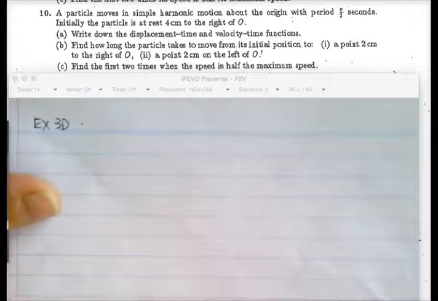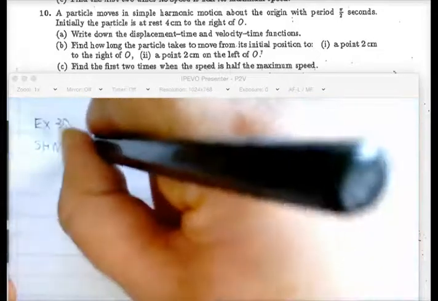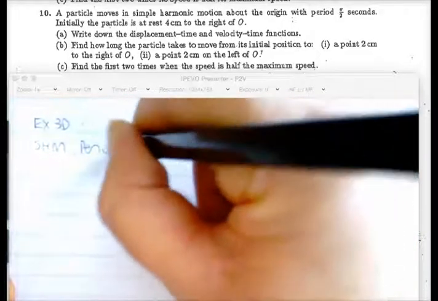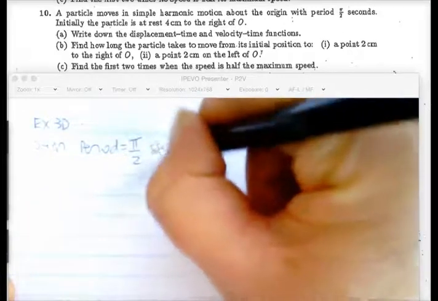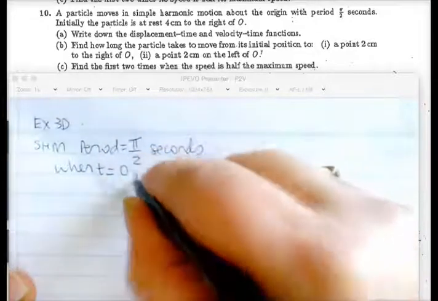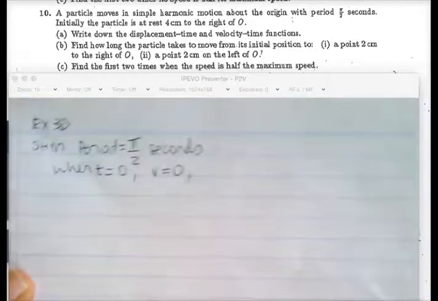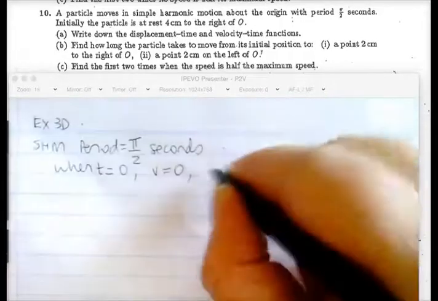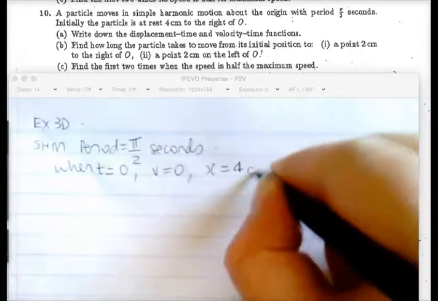So exercise 3D, the first question, it says a particle moves in simple harmonic motion about the origin with period pi on 2 seconds. Initially, so when t equals 0, the particle is at rest, so v equals 0, and the particle is 4 centimetres to the right of the origin.